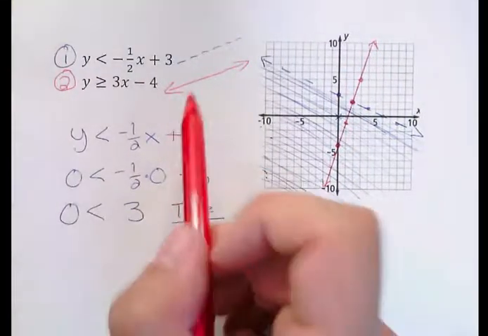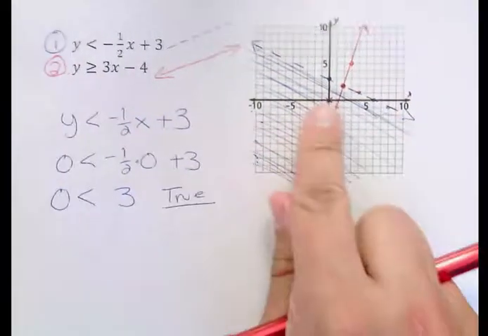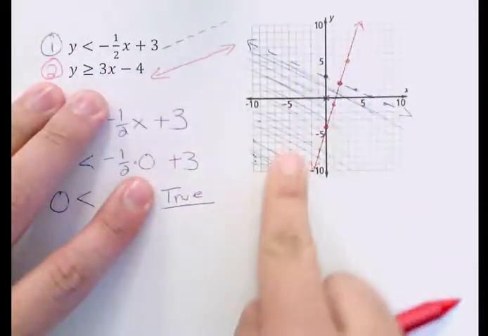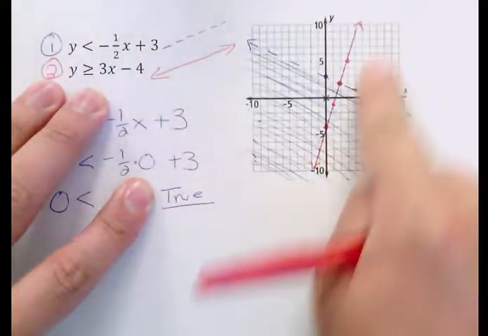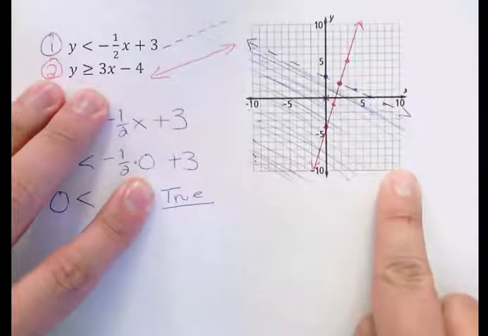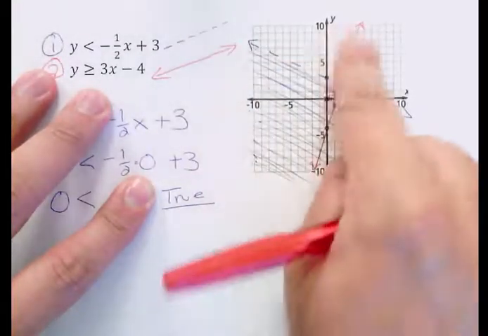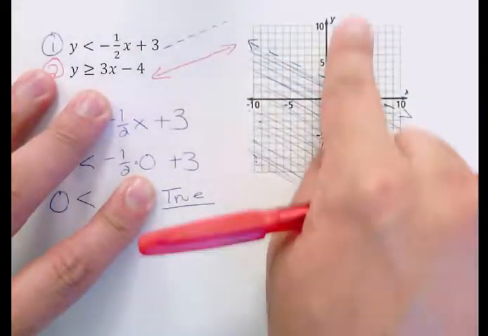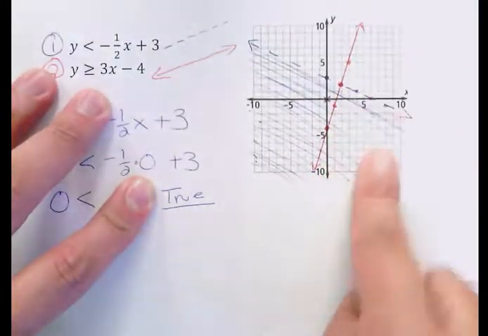The last step for the second inequality is to figure out shading. 0, 0 is currently on the left side. If it's true, I'm going to shade the entire left side. If it's false, I'm going to go away from it, which is the entire right side. Notice I'm still ignoring the blue. I don't care about this blue at all. It's this red line: we're either on everything over here or everything over here.